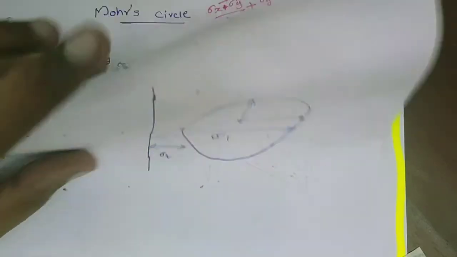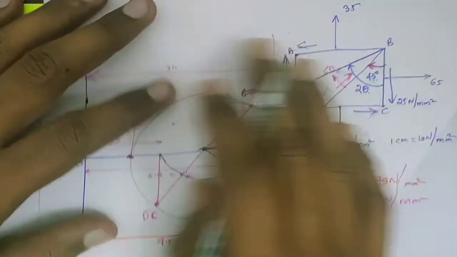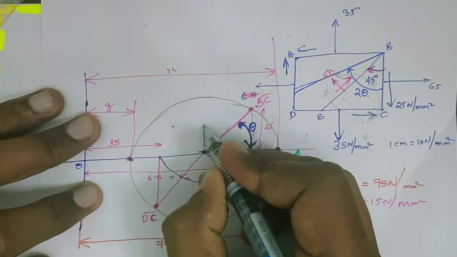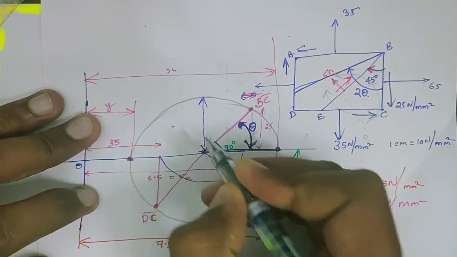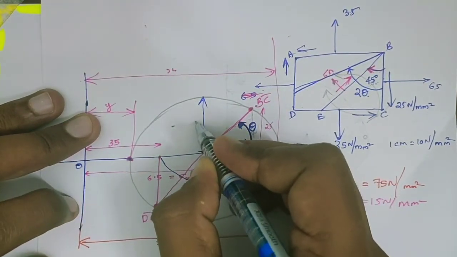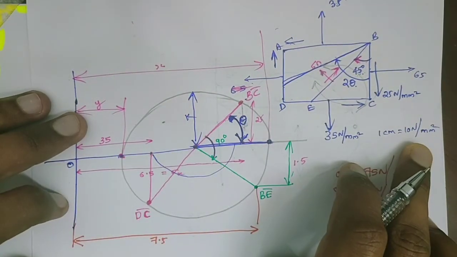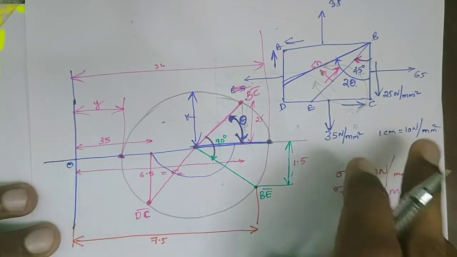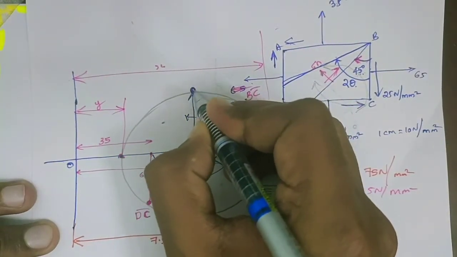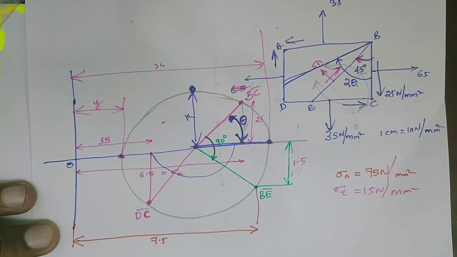And of course, in this problem, one more thing is what is the maximum shear stress value? Measure this length. For example, this is equal to K. K into 10 will be the maximum shear stress. And what is the location of the plane containing maximum shear stress? This is the plane of maximum shear stress.